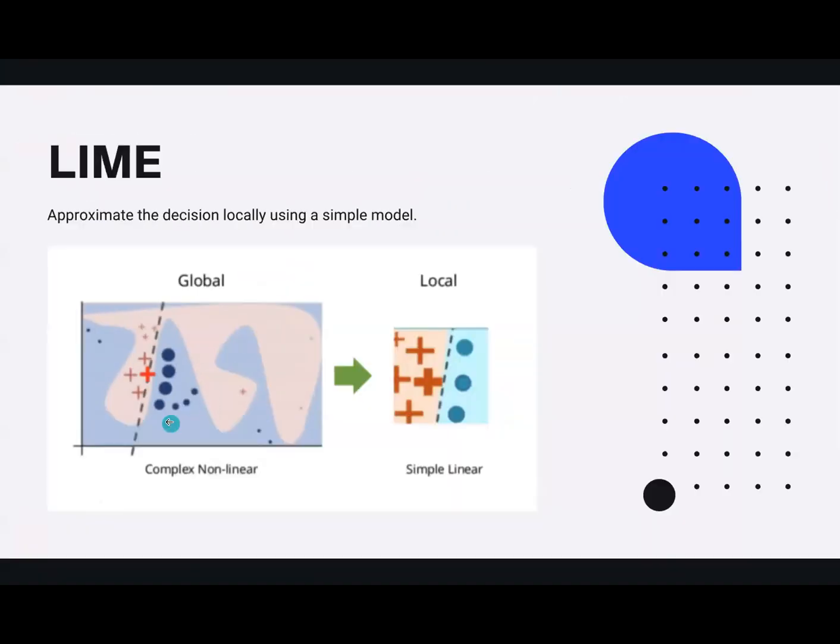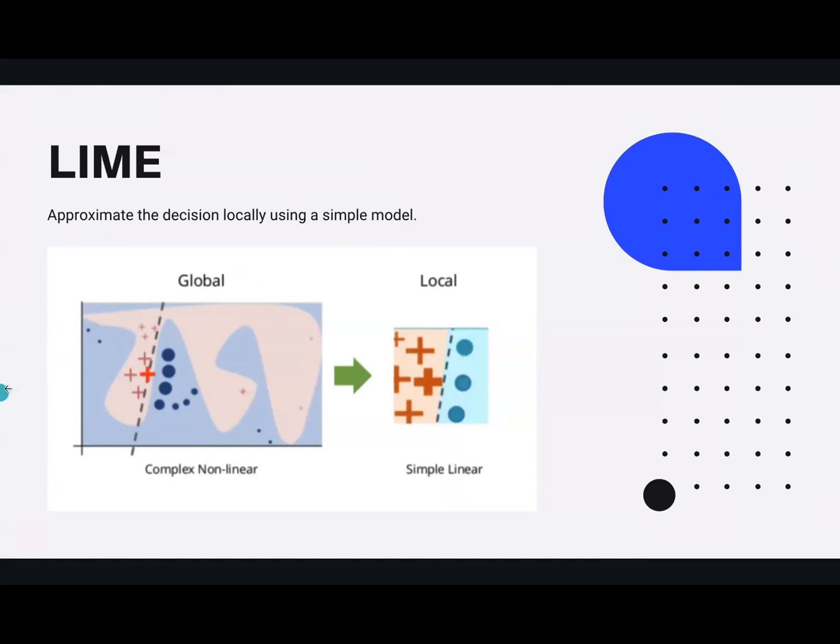So as we said, we zoom in, we look at this region, and we create some fake samples. If our data set does not contain enough points around this region, we can generate some random points.